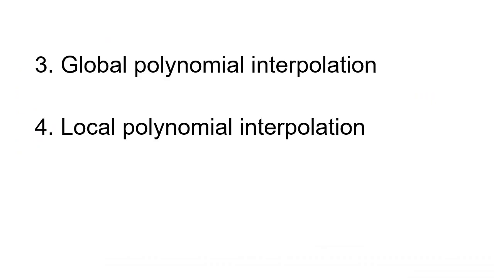So now we will talk about polynomial interpolation. And this polynomial interpolation we can divide into two categories, global and local. As the name indicates, global and local. Local is more complicated than global because in global there is no local variation. I mean, local variation is not included.